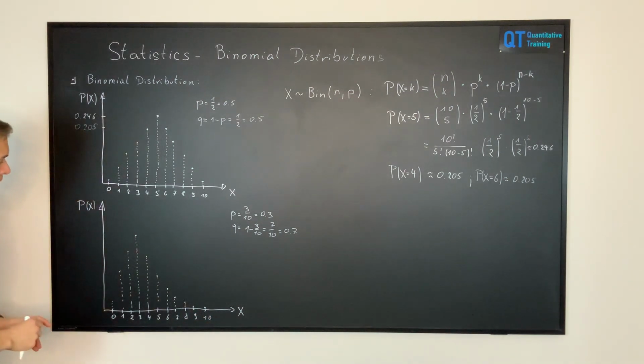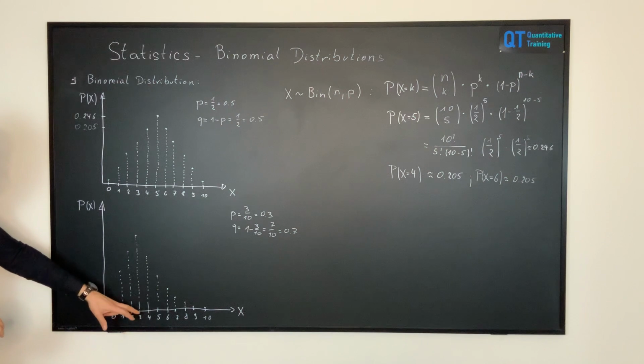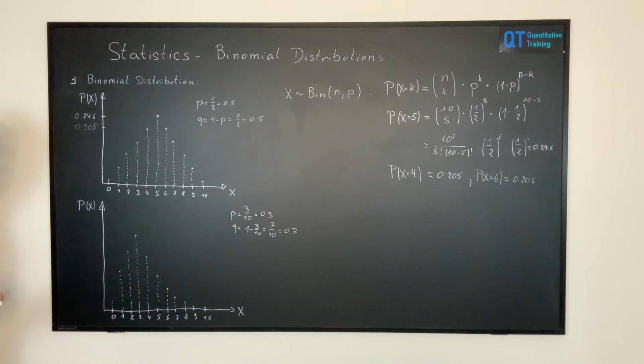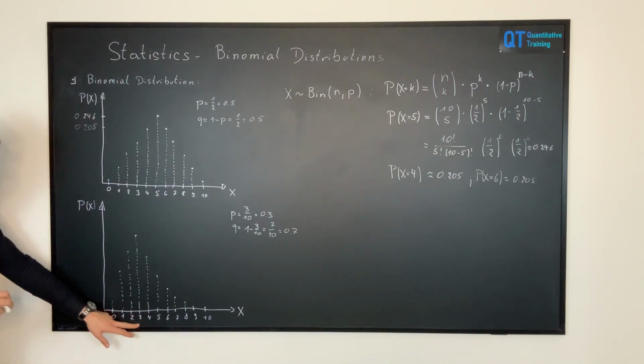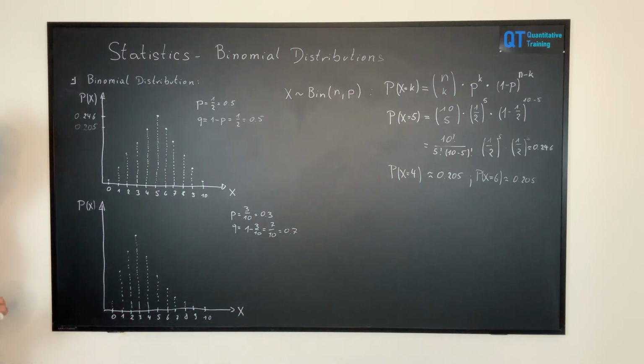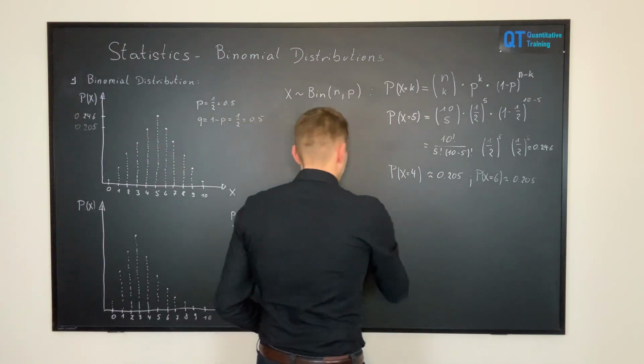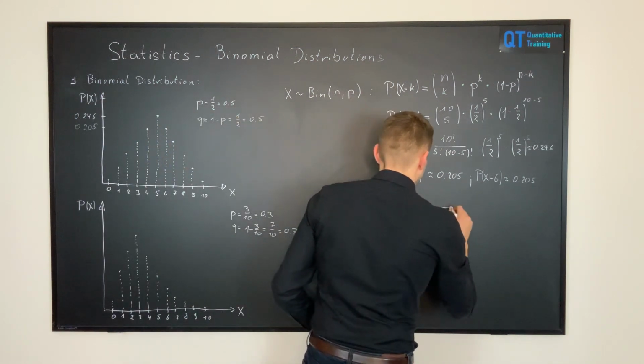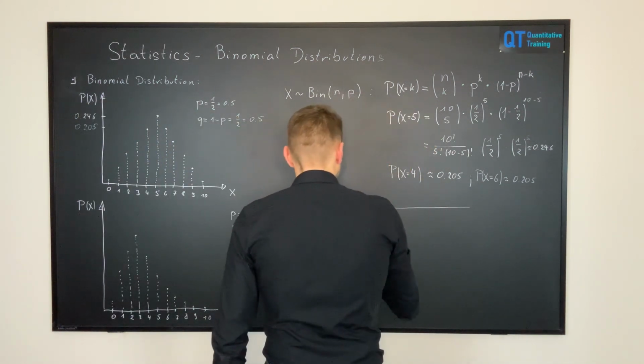So you see, your peak is here, and the curve is not symmetric anymore, but it is shifted to the left for tails values, success values around the random variable x equals 3. And you can do very similar calculations. Let's do them here for this particular case.